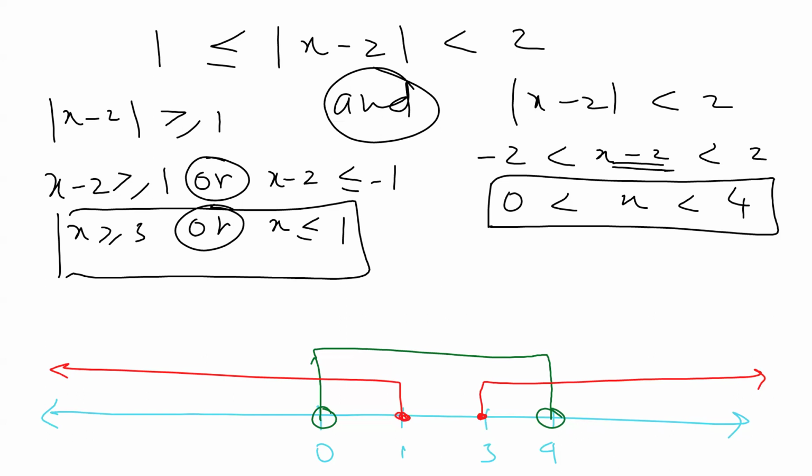Now you guys tell me what is the common region for green and red. So (0, 1] and [3, 4). Okay, great.